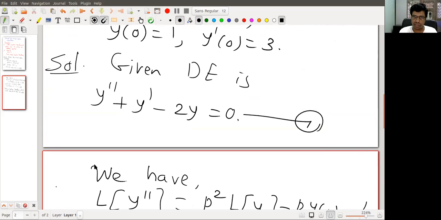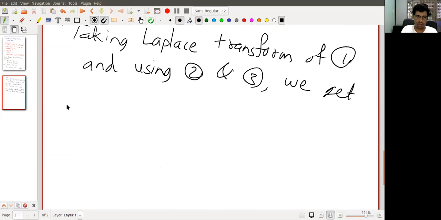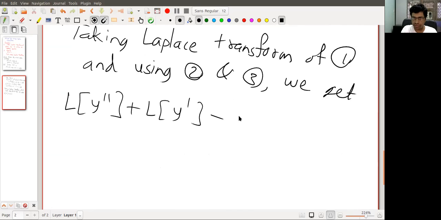Laplace transform is linear, so L of this thing is L of y double dash plus L of y dash minus 2 times L of y equal to L of 0 is 0. It is a linear operator. L of y double dash plus L of y dash minus 2 times L of y is equal to 0. Now we use 2 and 3.